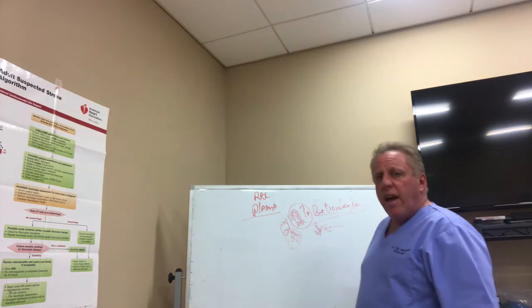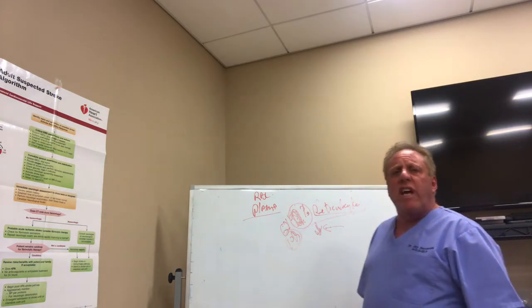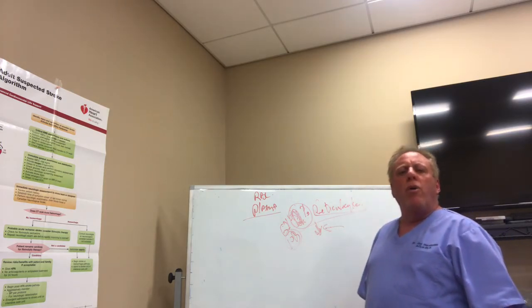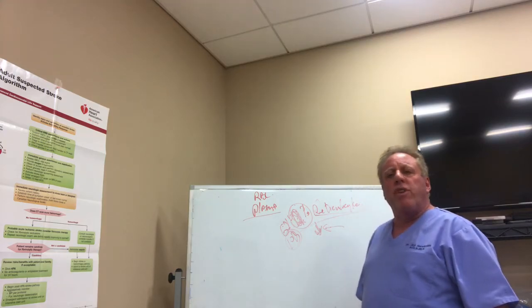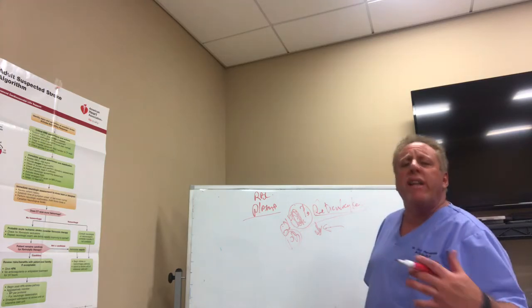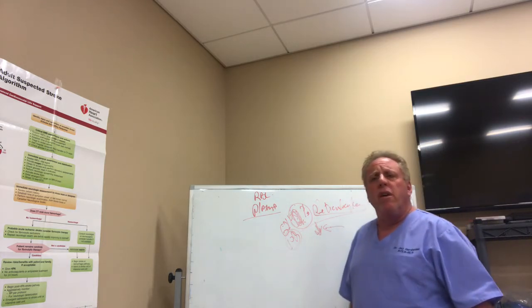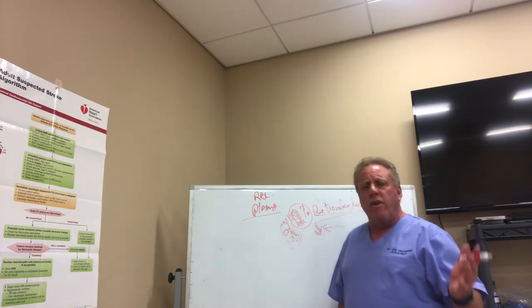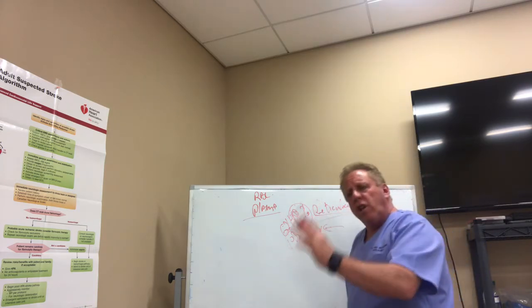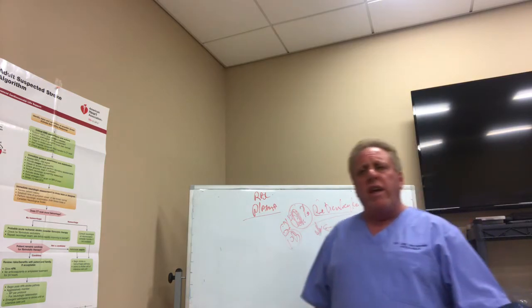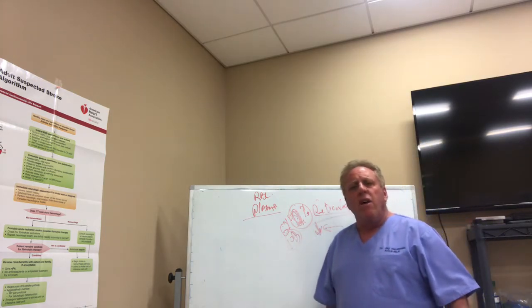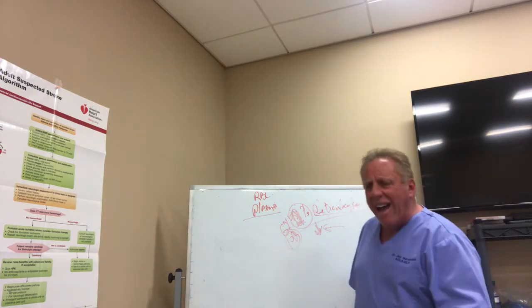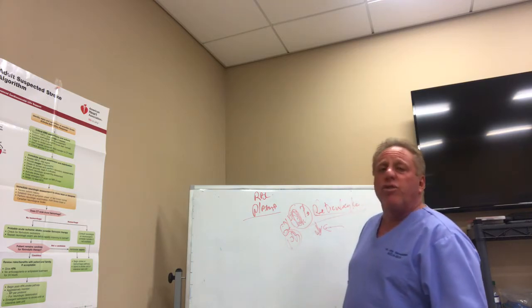It comes from the kidneys, and when the kidneys sense low oxygen and low volume, it will secrete erythropoietin, and it will go to the bone marrow, and it will increase red blood cell production, and it will also secrete renin to create the renin-angiotensin pathway, which then renin goes to the liver to become angiotensin 1, goes to the lungs to become angiotensin 2, with the enzyme in the alveoli called angiotensin converting enzyme, which will make it an active angiotensin 2, which is a vasoconstrictor of the body.